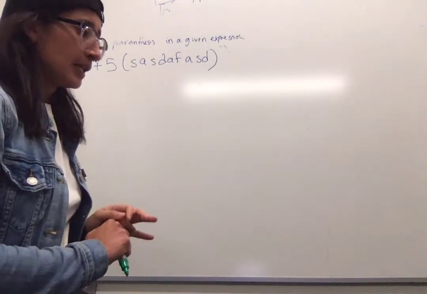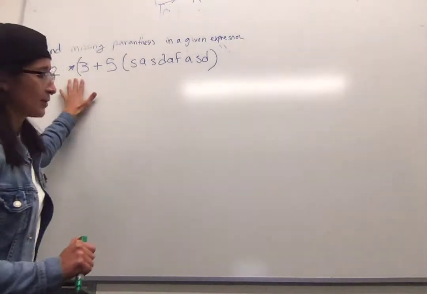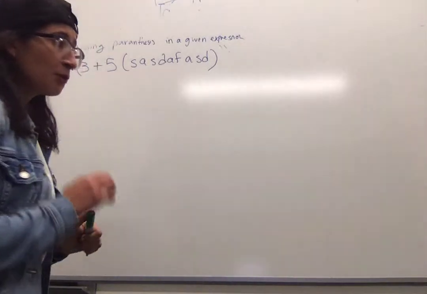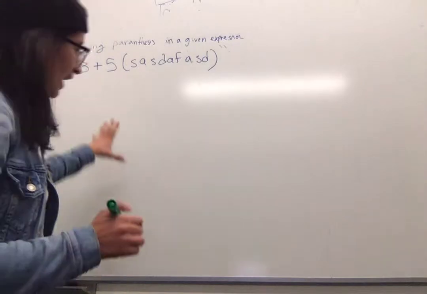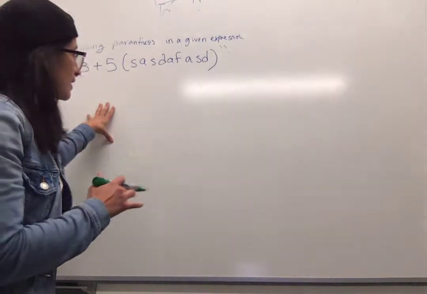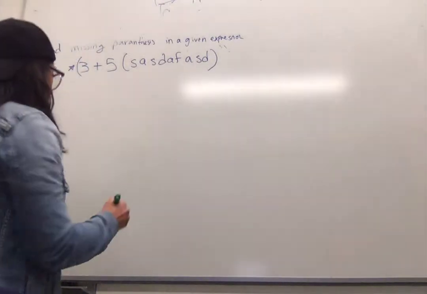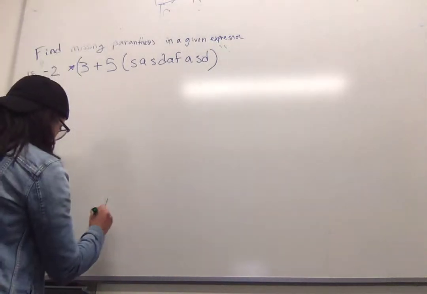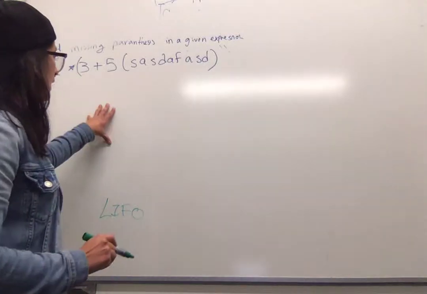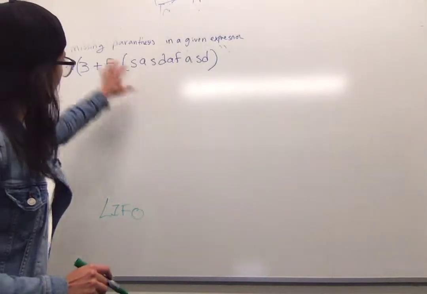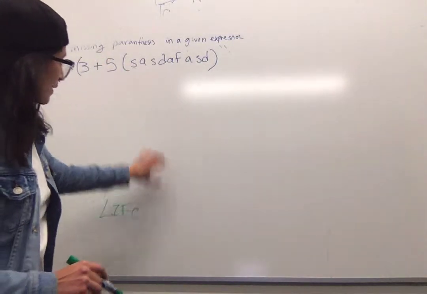The first one being that it is an opening parenthesis. When we encounter an opening parenthesis, we're going to push it into a stack. We know that a stack is LIFO, last in, first out. And so we're going to push that element inside.